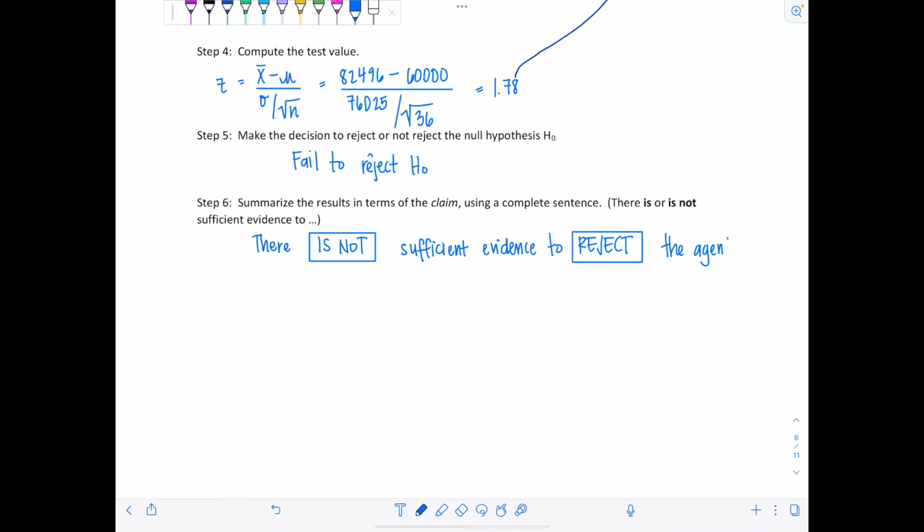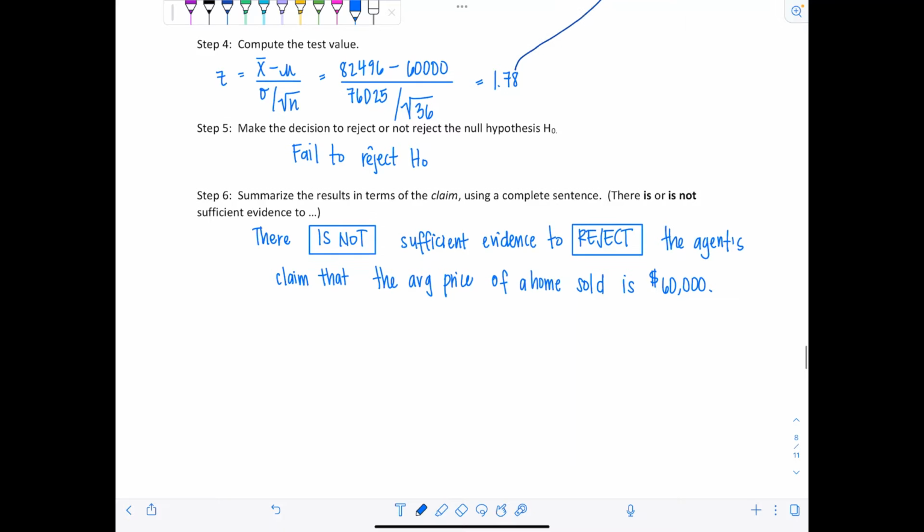Why? Because the claim was in the null hypothesis this time. The agent's claim that the average price of a home sold is $60,000. I mean, if you can get a car for that now, that's good. I don't know where you get a house for $60,000.